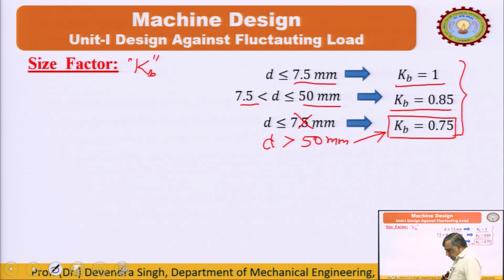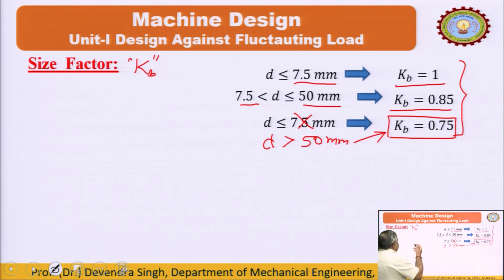So, Shigley gives some equations. According to them, we need to find the area of the cross section where 95% or more of the maximum stress takes place. We will consider that area and compare it with an equivalent area of the other cross section, and we will get some value.